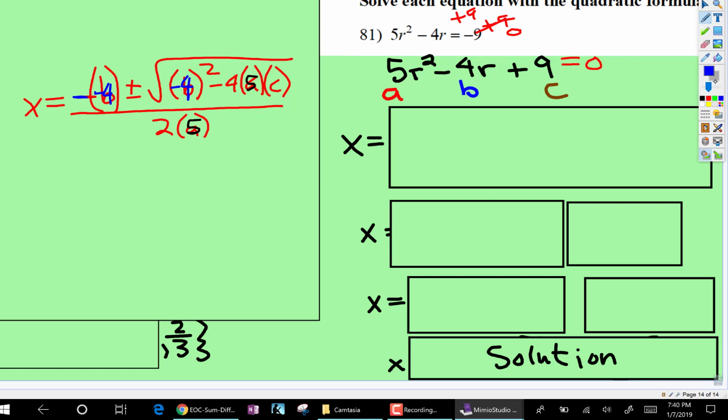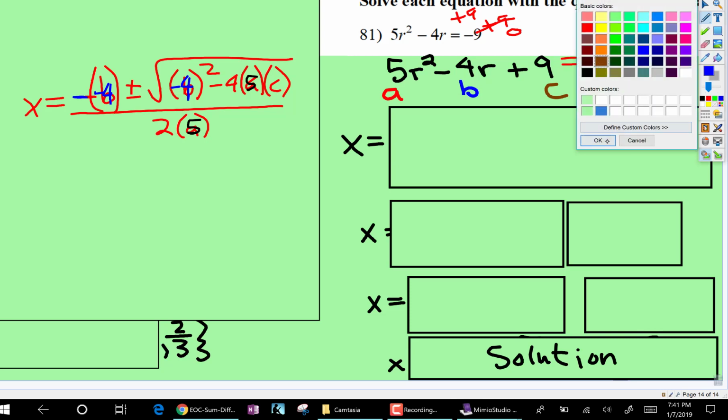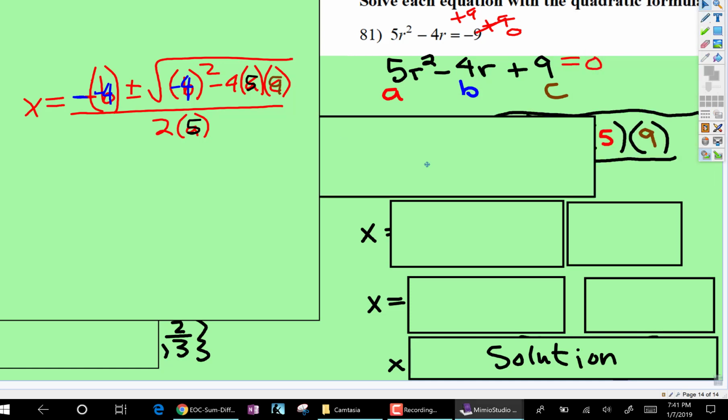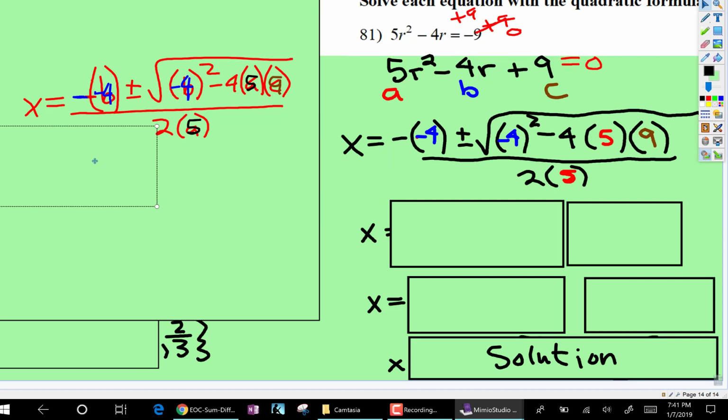Then finally, the c value is 9. And then you simplify. -4 squared is 16. Subtract 4 times 5 is 20 times 9 is 180. The opposite of -4 is going to be +4.